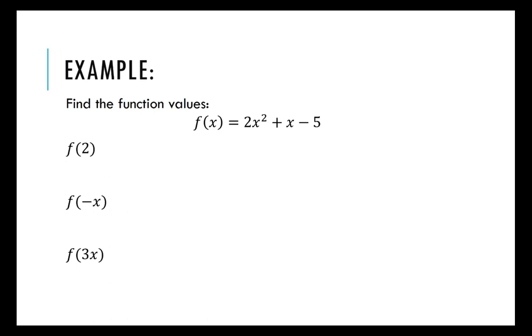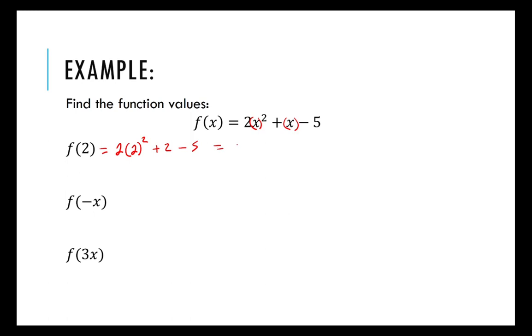So now we just want to find function values. If we're finding function values, all you need to do is replace whatever's in the parentheses with whatever's in the next parentheses. So we have f of x. Everywhere we see x, I'm going to put parentheses, and I'm just going to put into the red parentheses whatever is in this thing here. So f of 2 is really 2 times 2 squared plus 2 minus 5.